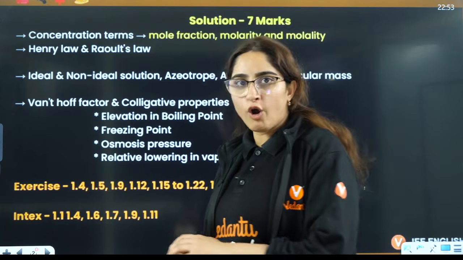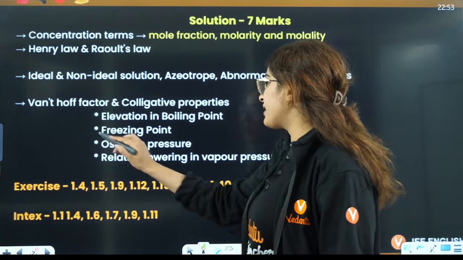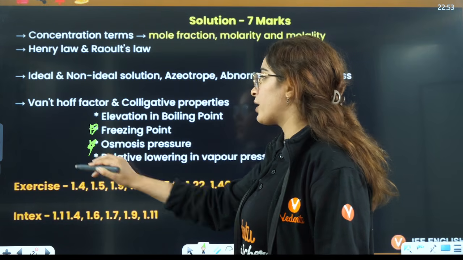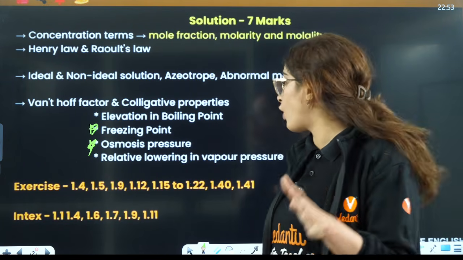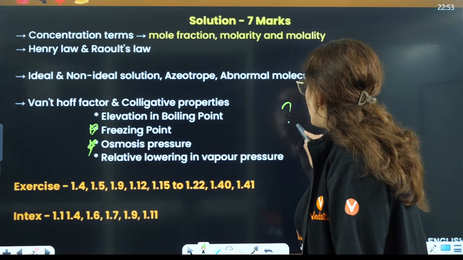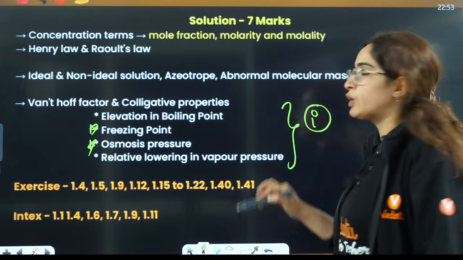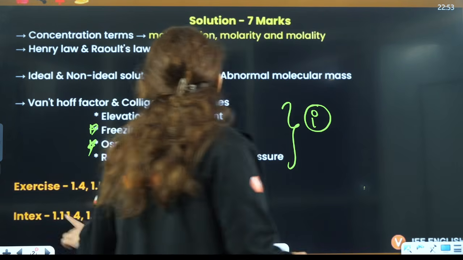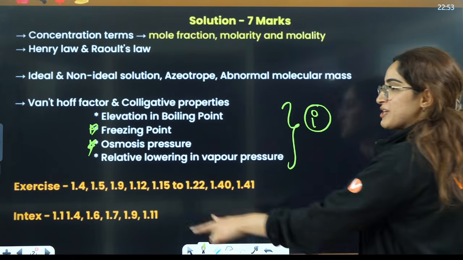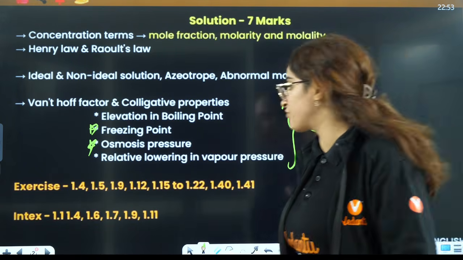And from van't Hoff factor, the most important ones are freezing point and osmotic pressure. That is one of the favorites that they ask, but you should know the formulas of all of them, including the van't Hoff factor according to association and dissociation. And these are the practice questions that you need to do. Take a screenshot of this one.